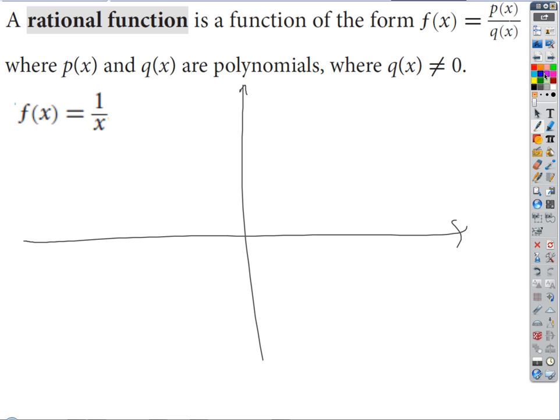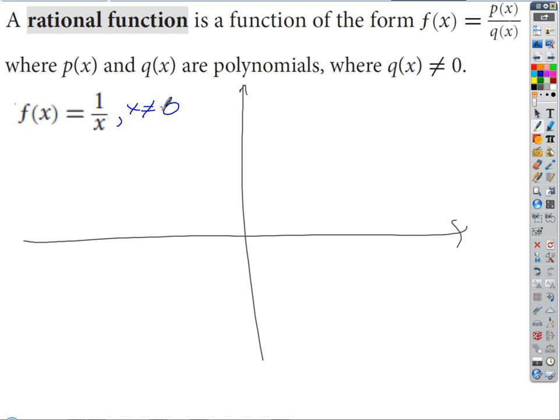We can't divide by 0, and we can't take a square root of a negative, or any even root of a negative. Well, there's no square root, so that one we're fine with. But we have an x on the bottom. So what value could x not have, obviously, then? 0, right? So our domain is just that x cannot equal 0, okay?